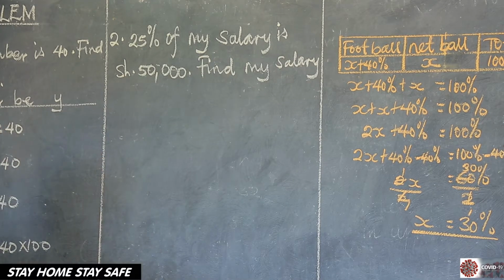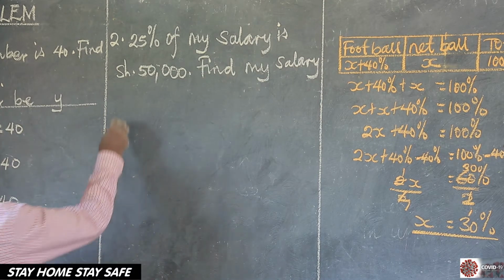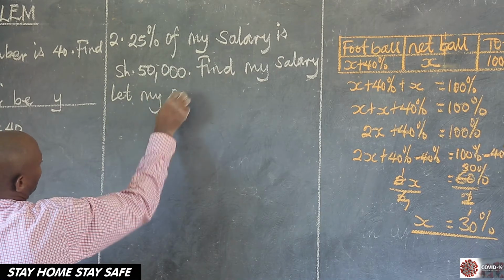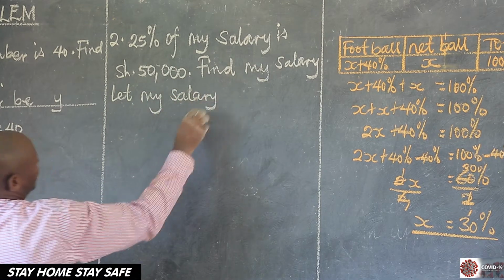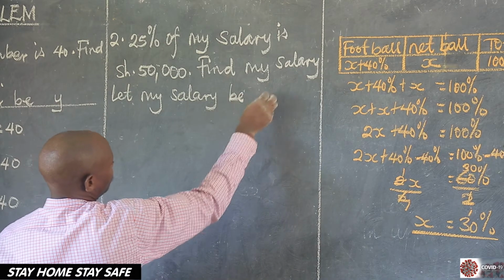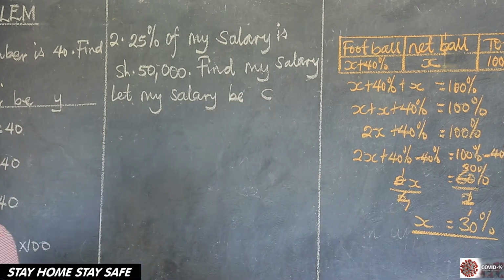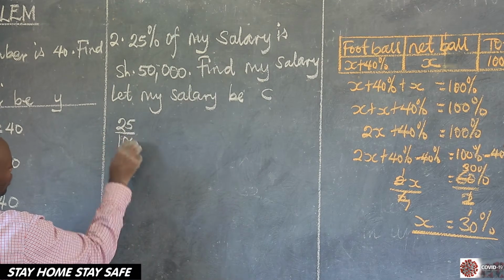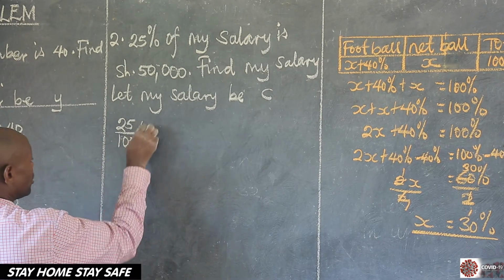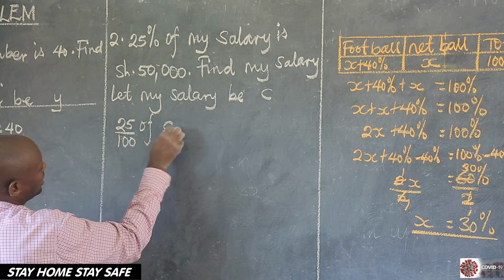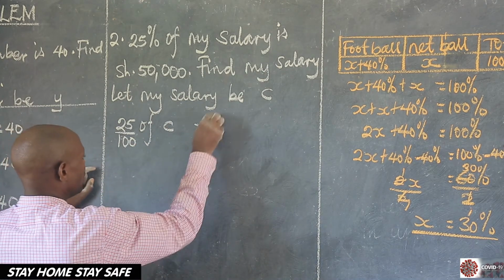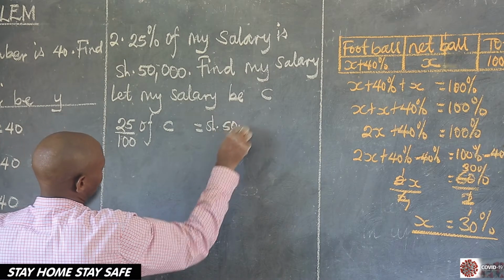Find my salary. So if we were to use this method, we shall say, let my salary be maybe C. So we shall have 25%, which means 25 out of 100 of my salary C will give me how much money? 50,000 shillings.